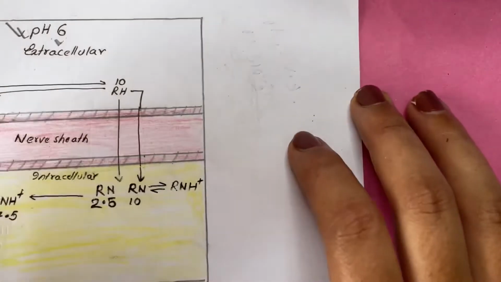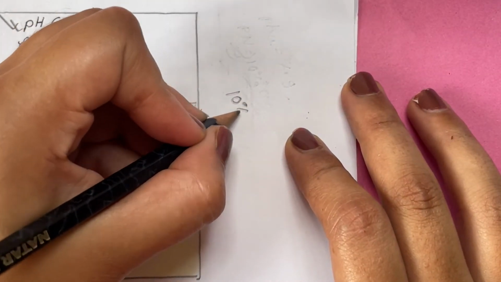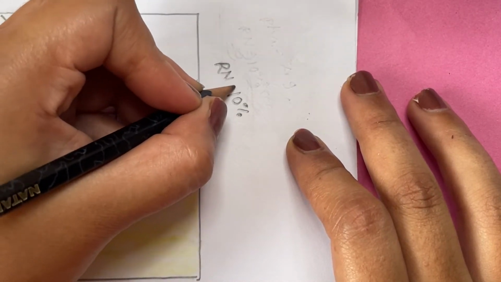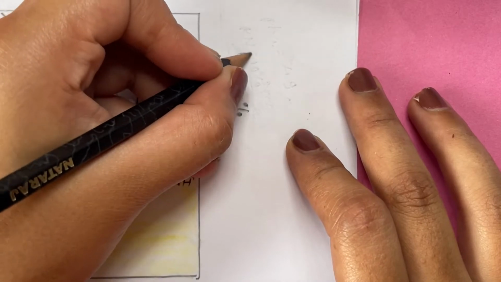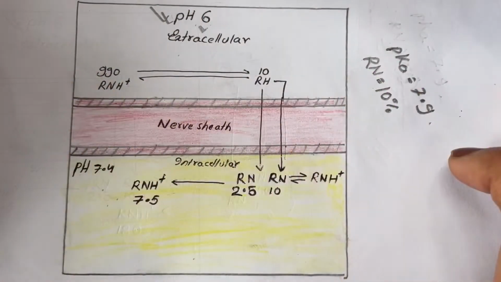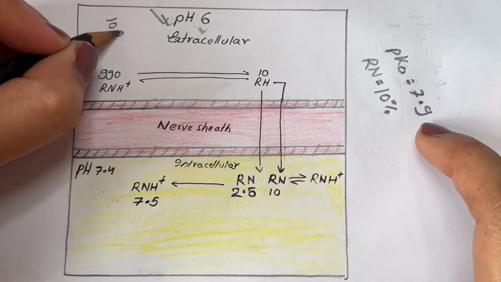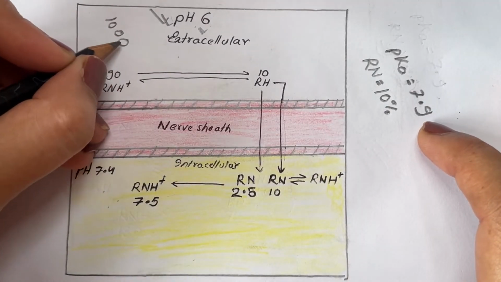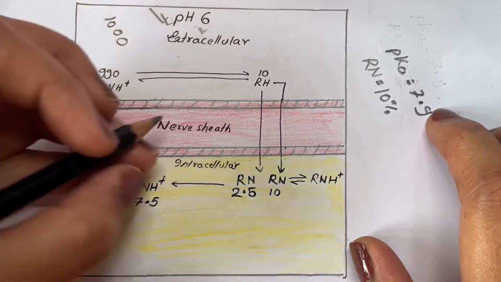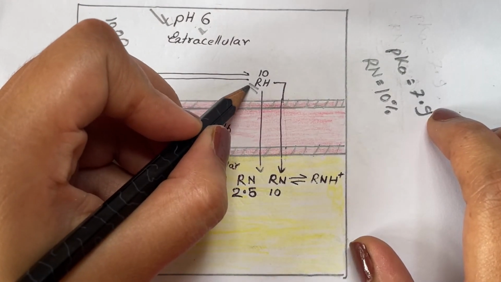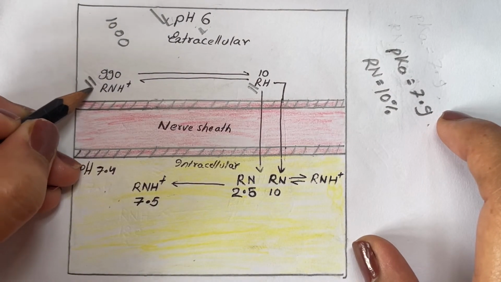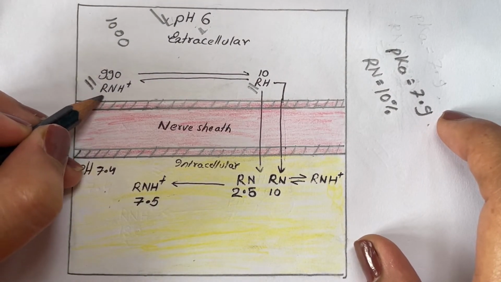So only 10% of the molecules form the free base form at a pKa value of 7.9. So in 1000 molecules of local anesthetic, only 10% form the free base form, while 90% form the cationic form.